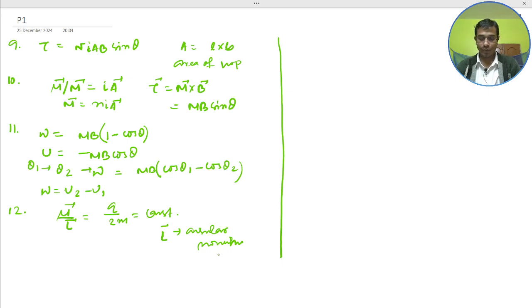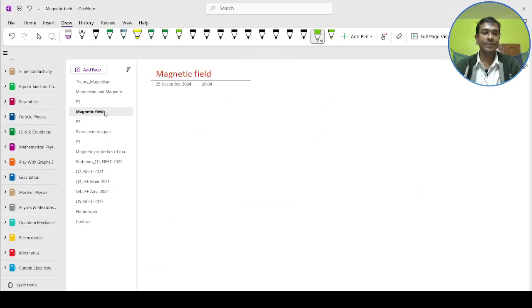So let's go to our next topic, the magnetic field. First one is the Biot-Savart law.